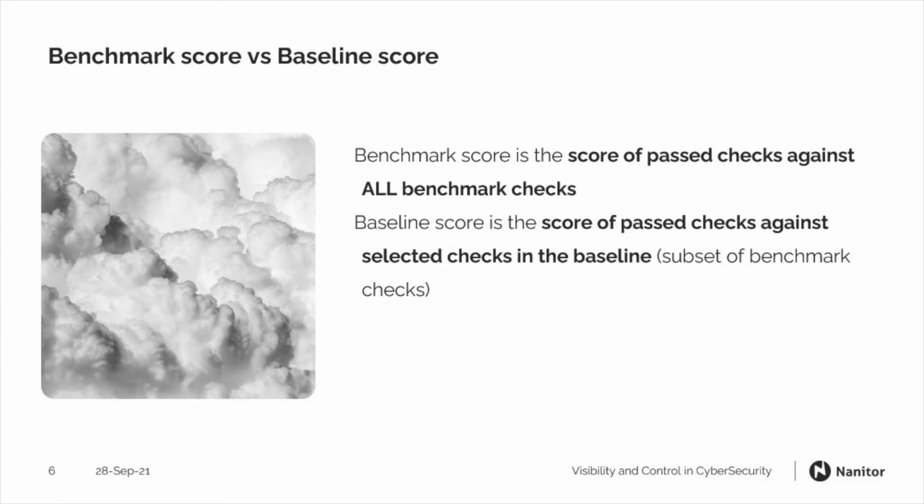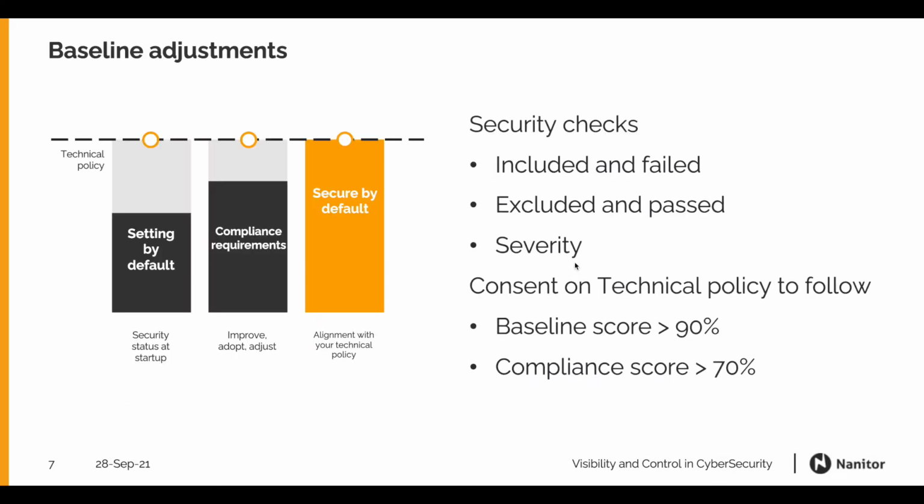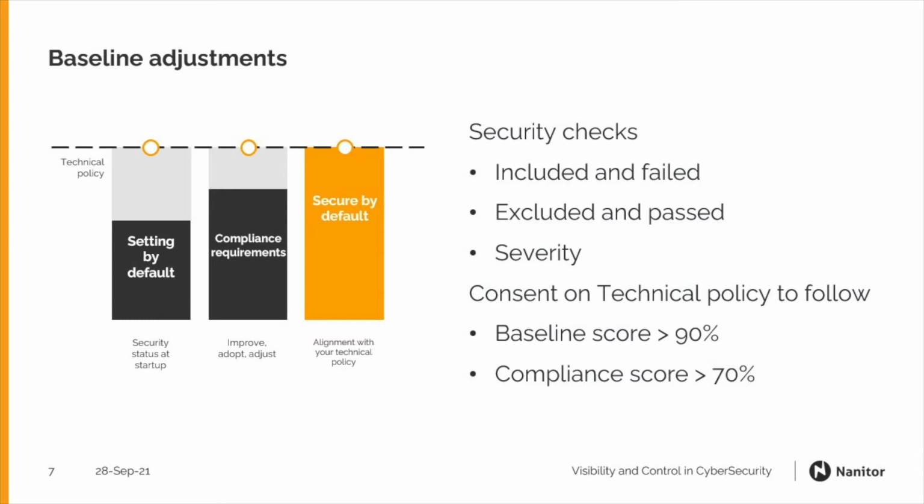So when you have an adjusted baseline, the baseline score is the score of passed checks against selected checks in the baseline, or a subset of benchmark checks. And when you have adjusted those, you should be able to fulfill that baseline, and we should always aim for a baseline score between 90 and 100%.